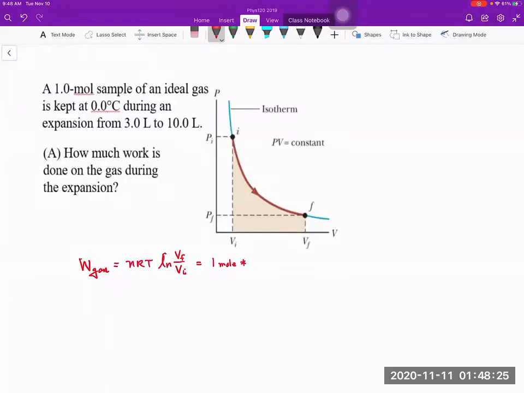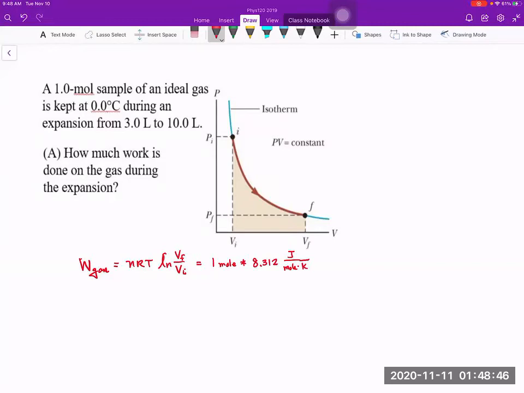And what is R equal to? R is a constant. And the unit for this R is joule per mole and K. And what is K? Well, K is the Kelvin temperature unit.